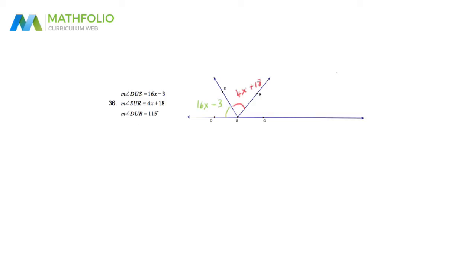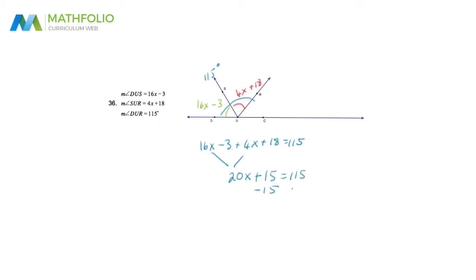And DUR, which looks like both of those two things together, D to U to R, is 115 degrees. So 16x minus 3 plus 4x plus 18 equals 115. Combine our x's, 20x, combine minus 3 plus 18 is plus 15 equals 115.